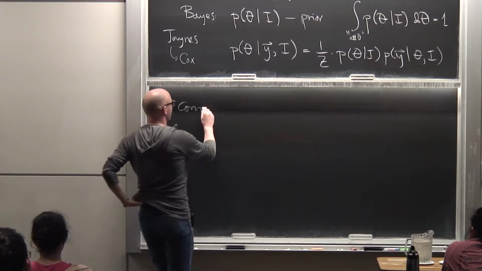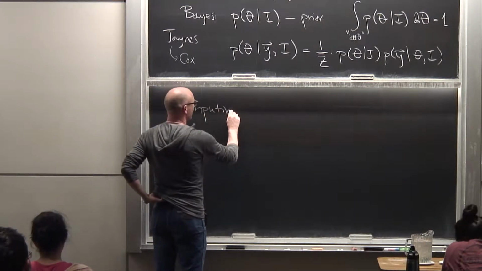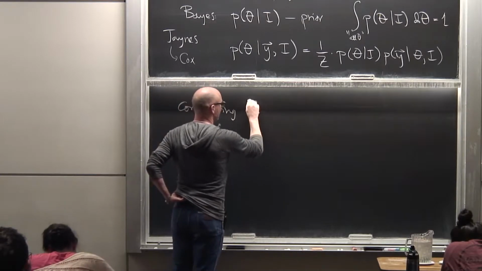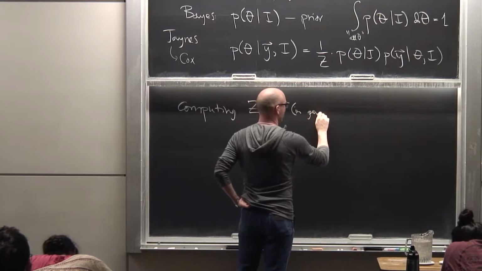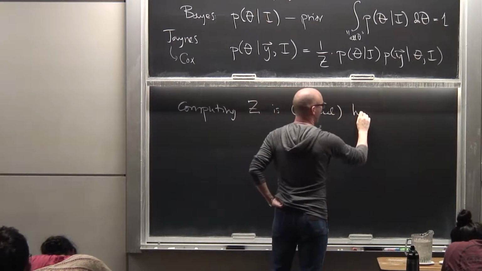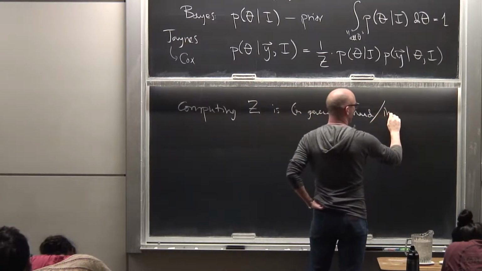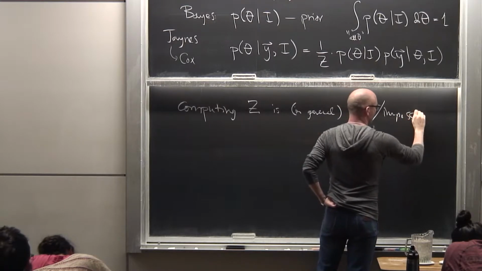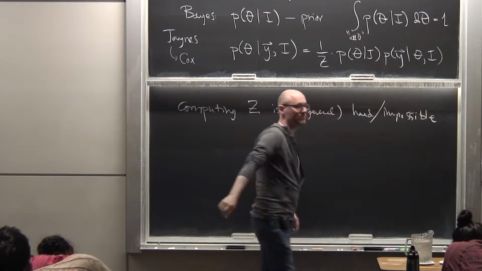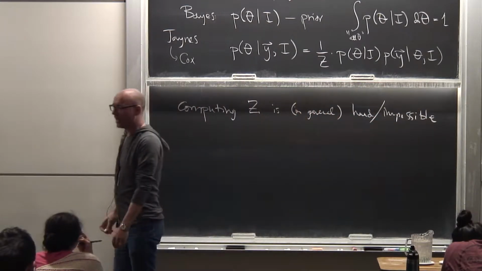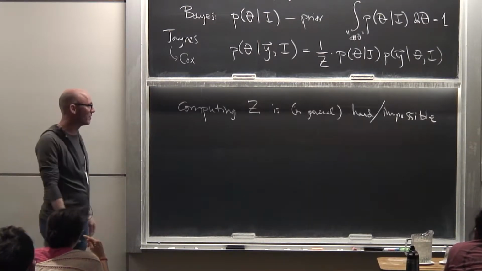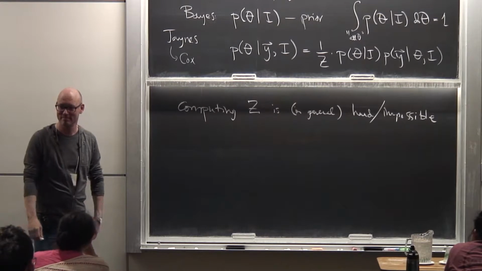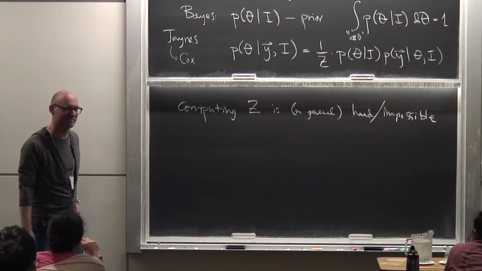So what I'm just about to write: computing z is, in general, hard/impossible. And almost all true Bayesians would disagree strongly with that statement. But they're wrong.